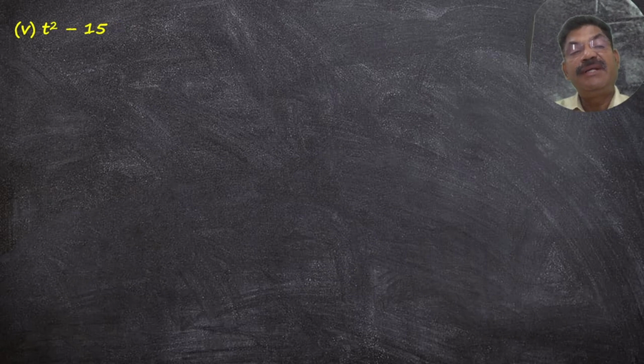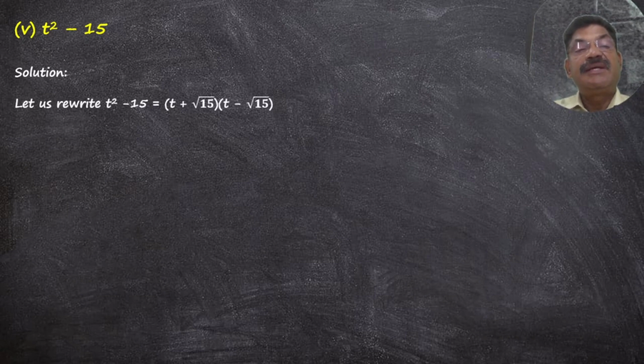Now let us move on to the fifth problem. Here variable is t. The coefficient of t is equal to 0 because middle term is missing. So a equal to 1, b equal to 0, c equal to minus 15. This also you can resolve easily. t square minus 15 is equal to t plus root 15 into t minus root 15.